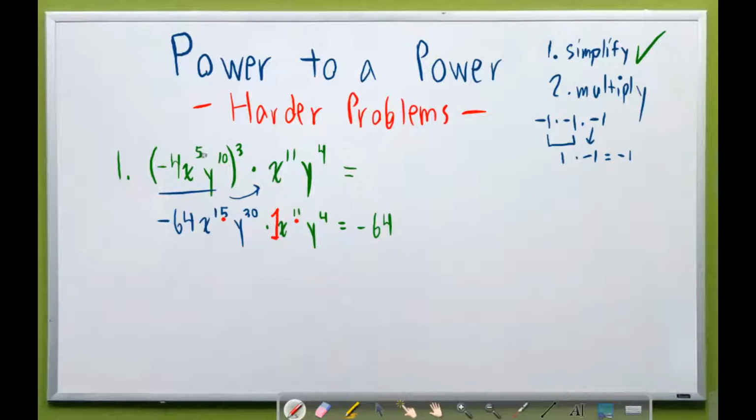So negative 64 times 1. X to the 15th power times x to the 11th power is x to the 26th power, because 15 plus 11 is 26. And y to the 30th power times y to the 4th power is y to the 34th power.